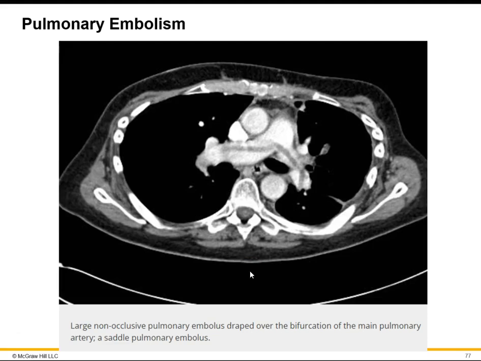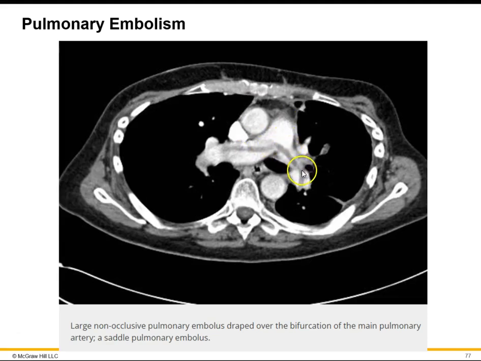All right, this is a CT scan of a pulmonary embolus. So this here is the pulmonary trunk. This here is the aorta, and we're looking at the heart through a cross section here. The pulmonary trunk divides into the right and the left pulmonary arteries.